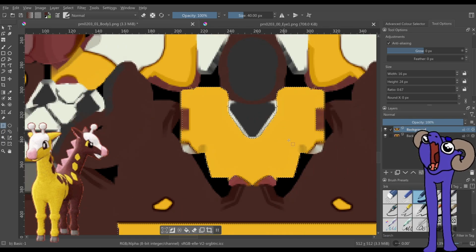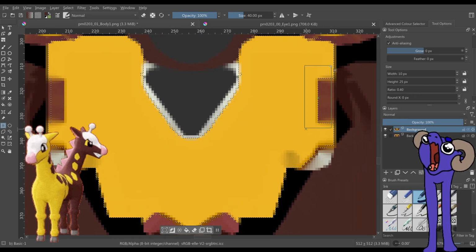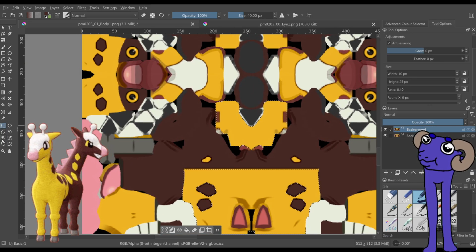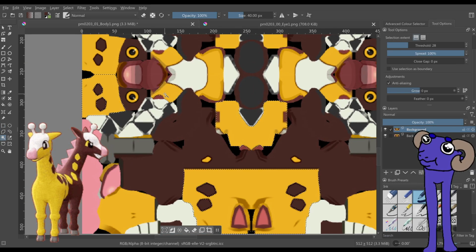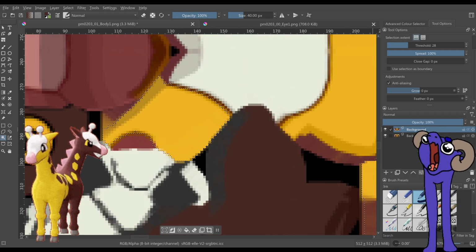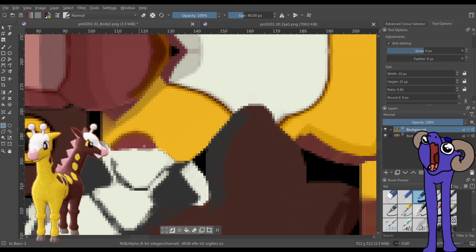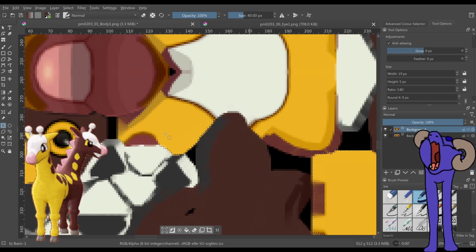I will still select it just for posterity, I guess. What is this section? Yet another part that isn't used. I will still select it, but it's basically not usable.